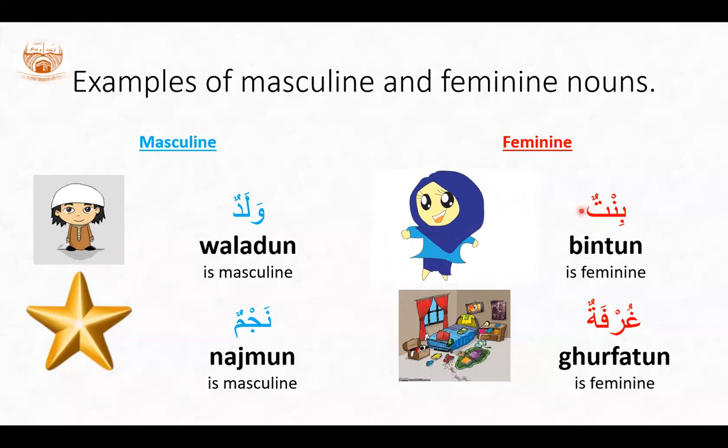Bintun is a girl, so therefore she's feminine by nature. But this ta, which is known in Arabic as the ta marbuta, or the feminine ta, when we see this, it's a hint that this word is most likely a feminine word, right? So there's a little hint there.